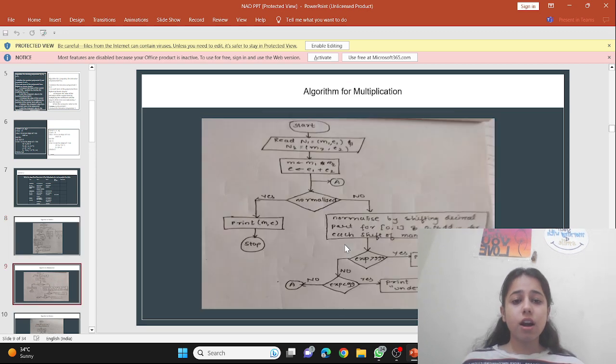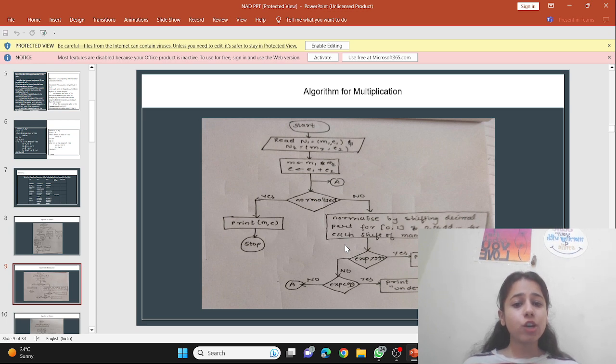Now we will check the algorithm for multiplication. Start. Read n1 equal to m1 e1, n2 equal to m2 e2, m is m1 into m2, e is e1 plus e2. Now we will check that it is normalized or not. If yes, then print m e, stop.